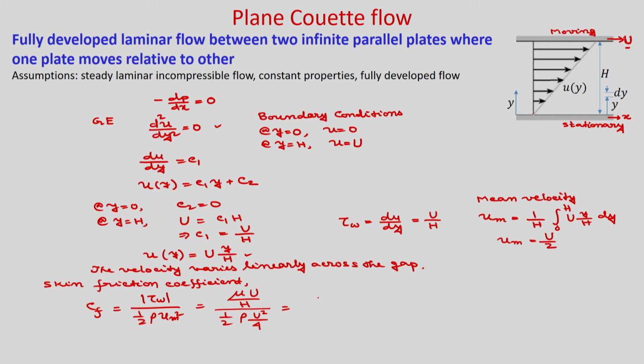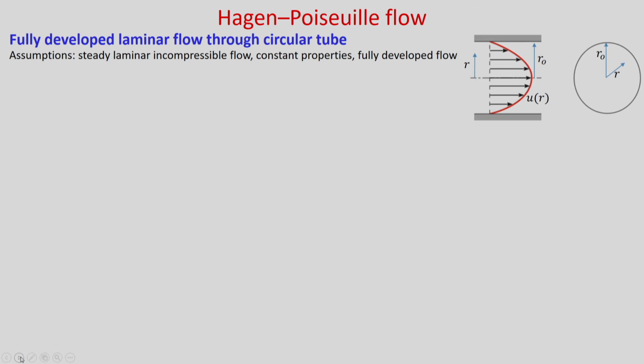So, if you rearrange you will get 8 by rho U h divided by mu. So, you will get 8 by Re_h. We are writing this Reynolds number based on the upper plate velocity U, so that will be Re_h is equal to rho U h by mu.